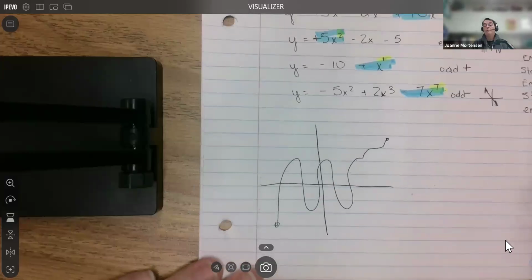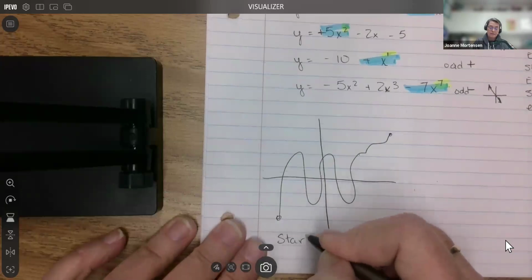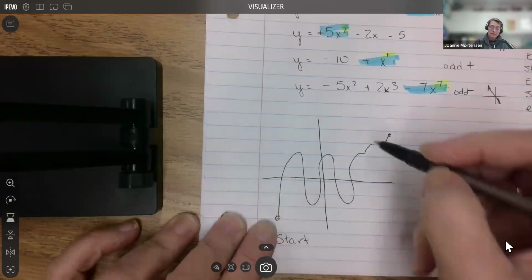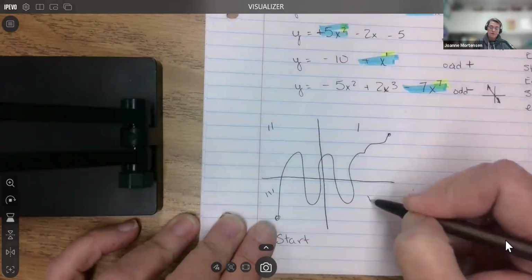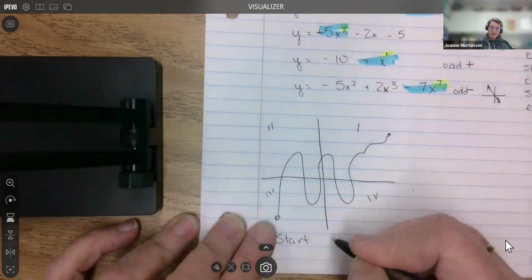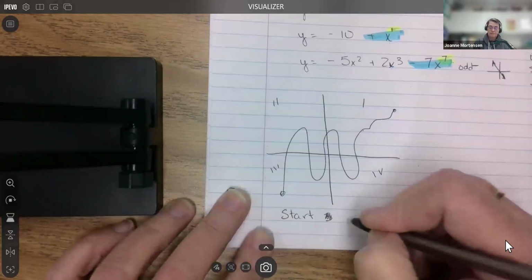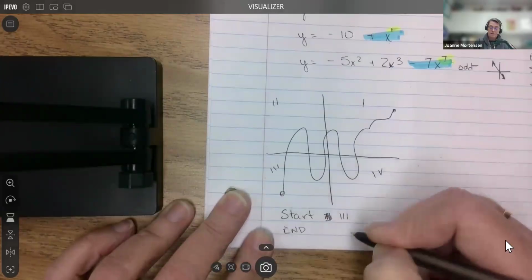Yeah, it's a scribble. You figured that out. But I don't care what goes on in the middle. I am starting here. So that is one, two, three, four. So I'm starting in three. I'm ending in one.